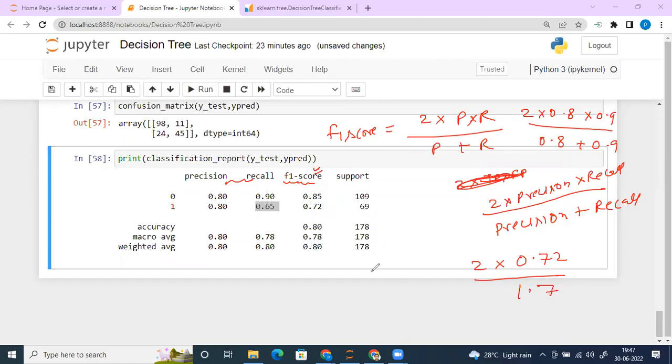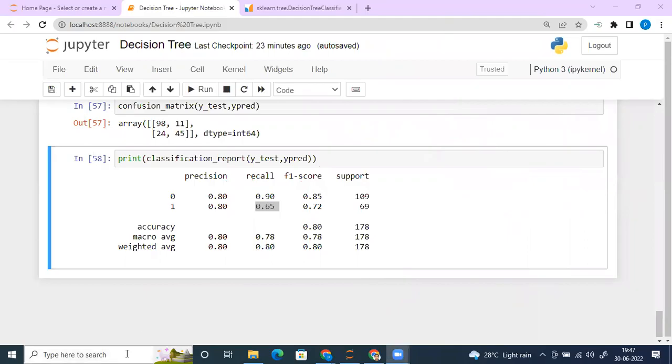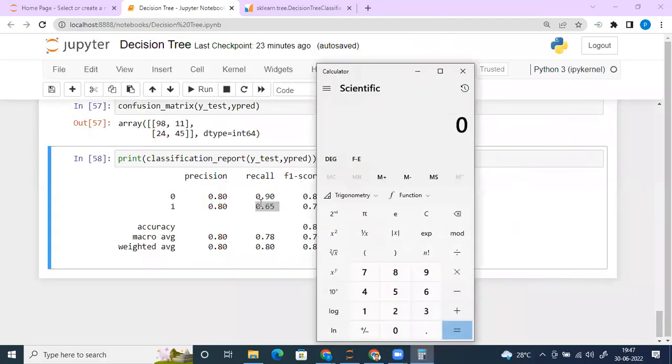So it will become, I think, 1.4. 0.72 into 2 will be 1.4 divided by 1.7. If I calculate with the calculator, 1.4 divided by 1.7.